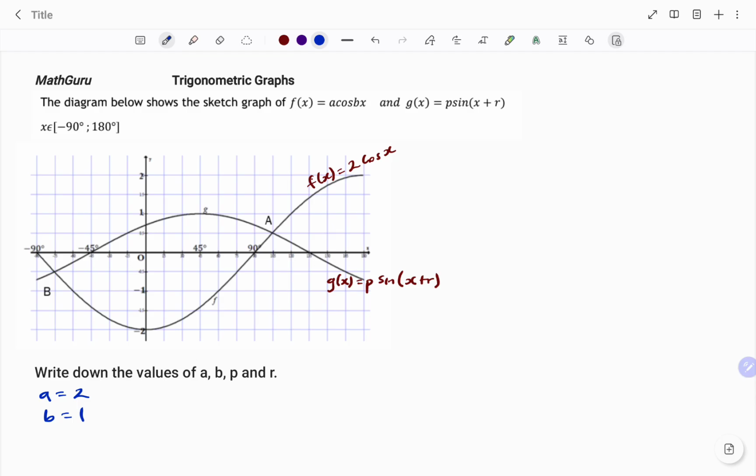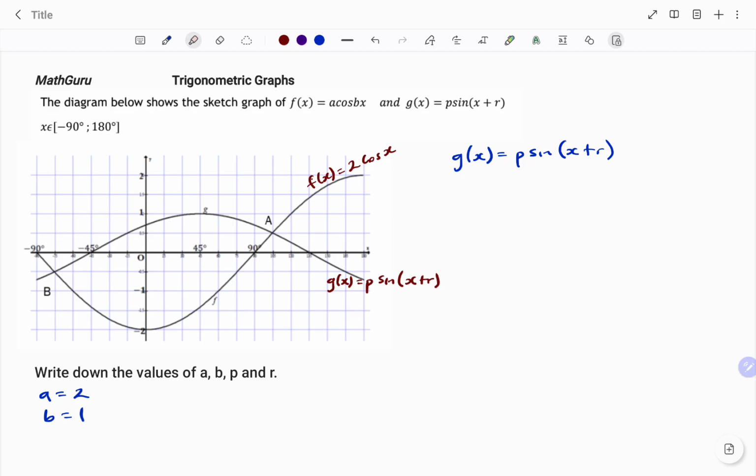To find the value of p and r, I'm going to use my sine graph, and the formula given is g of x equals p sine of x plus r. My p is also the amplitude as shown, and if you look at my formula, I don't have any value added or subtracted to my g of x, and that means there is no vertical shift. So my amplitude will simply mean the maximum displacement from rest.